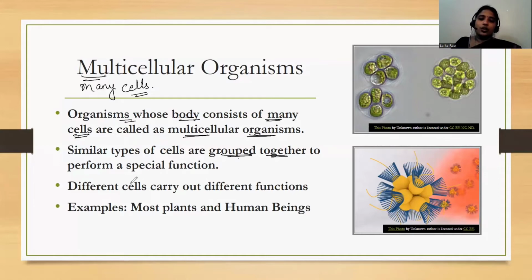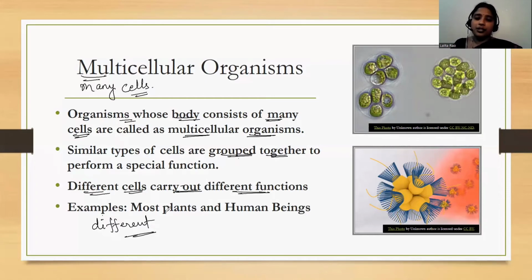So there are different cells, and these different cells carry out different functions. Unlike unicellular organisms, where only one cell performs all the functions, here different cells perform different functions, as many cells are available.